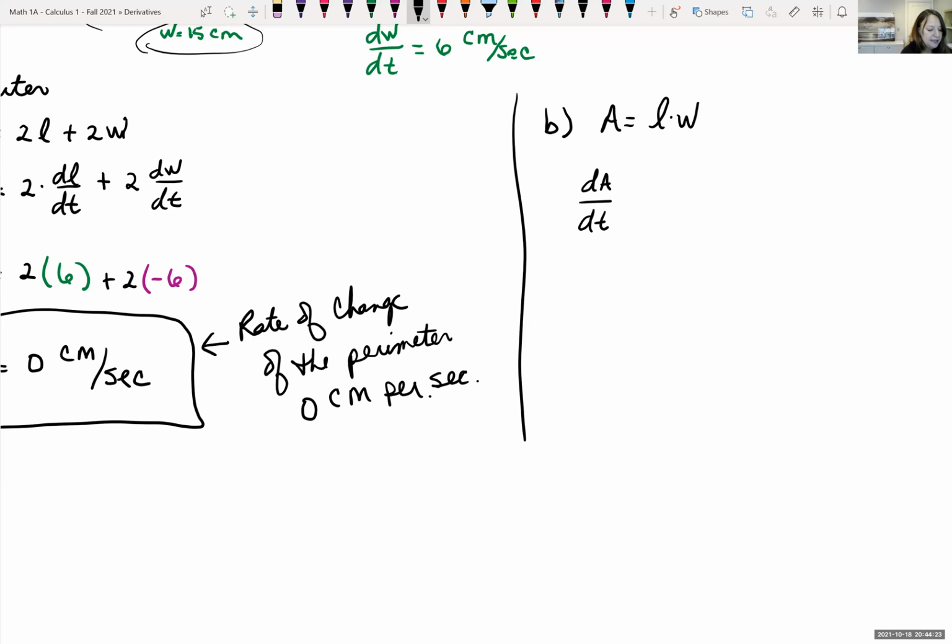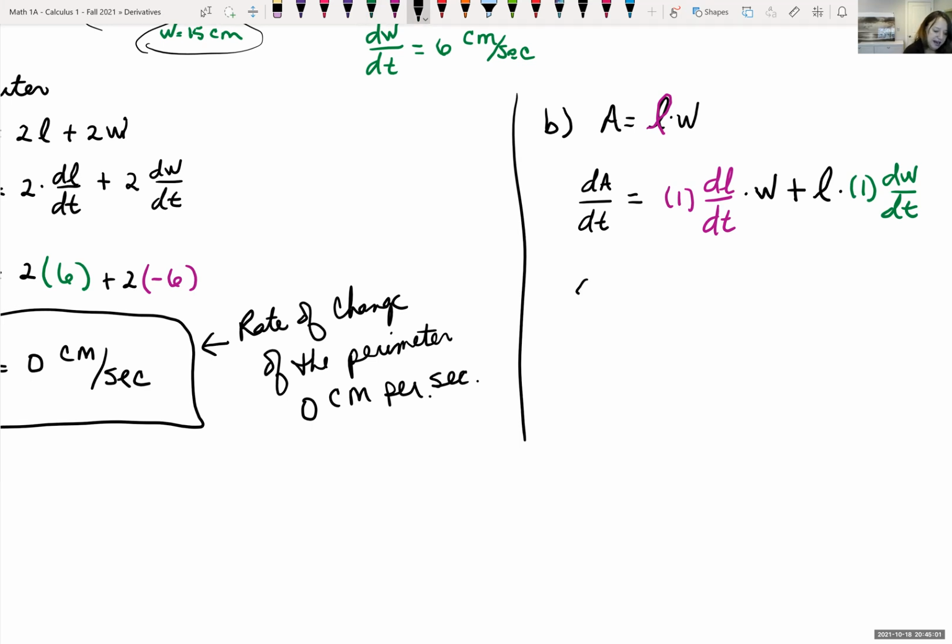So dA/dt equals, well, if I look at the derivative of my first function, my length, that would just be 1 dL/dt, times my second function W, plus my first function L times the derivative of W. The derivative of W is 1, derivative of the inside is dW/dt.